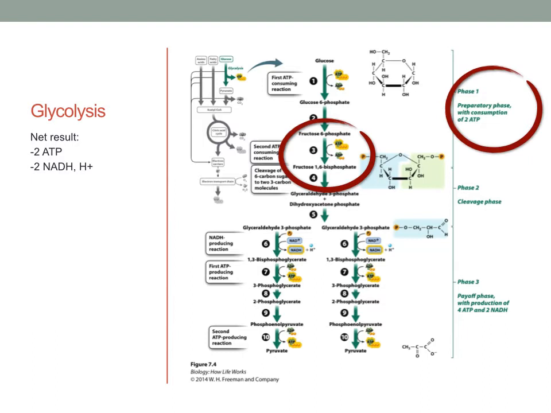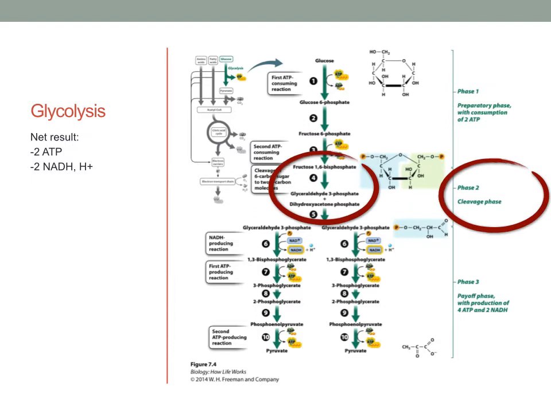This fructose molecule will then enter a second phase, a cleavage phase, the cleavage into two molecules. So the fructose 1,6-bisphosphate will become the glyceraldehyde 3-phosphate and the dihydroxyacetone phosphate. So two 3-carbon molecules, each one having one phosphate.